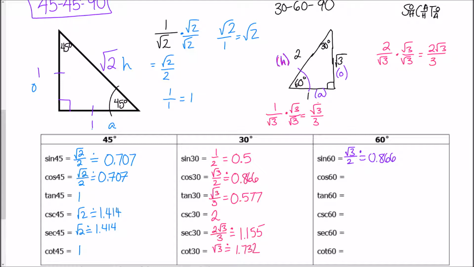To do cosine of 60, I need to do adjacent over hypotenuse, so I would do 1 over 2, and I would get 0.5. To do tangent of 60, I would need to do the opposite over the adjacent, which is root 3 over 1, or just root 3, and we figured out already that that's approximately 1.732.